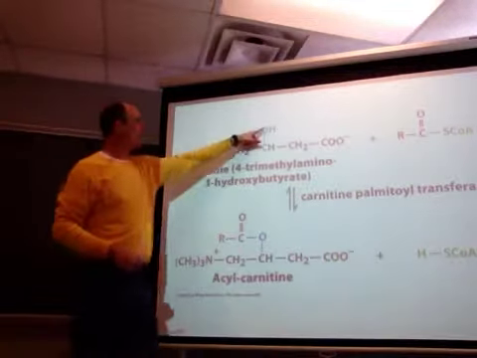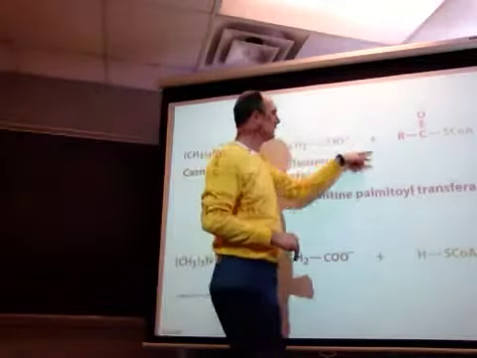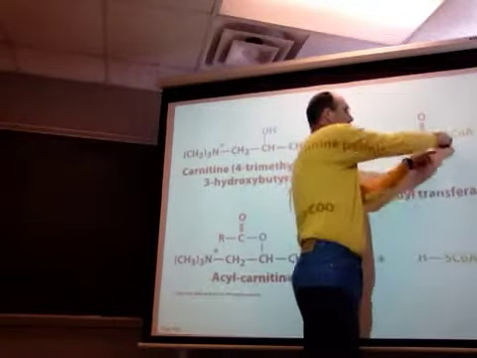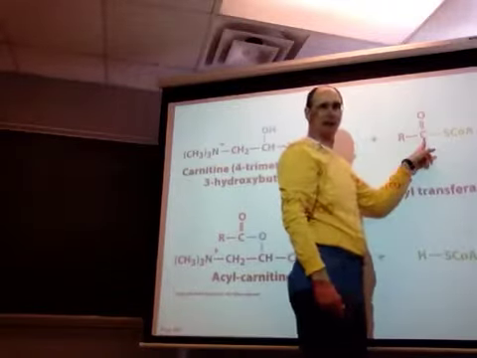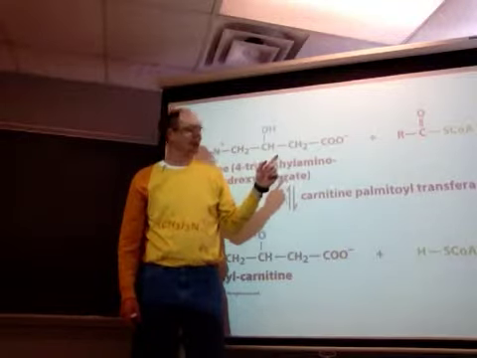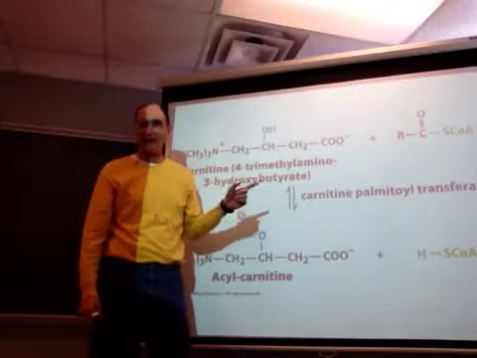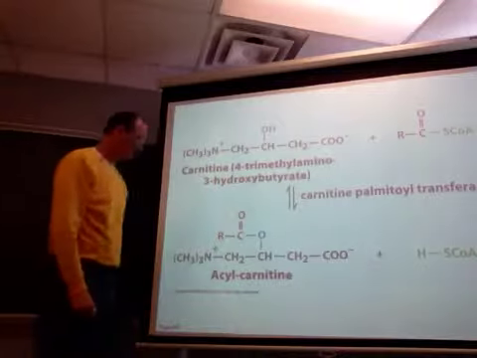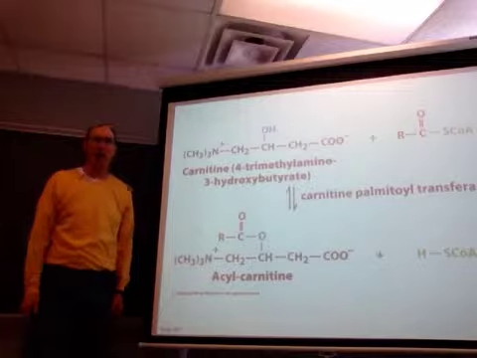The hydroxyl group of carnitine, catalyzed by the enzyme, attacks the carbonyl of our new thioester. Sulfur is less basic than oxygen, so sulfur acts as the leaving group in an energetically favorable nucleophilic acyl substitution. It had been a day or so since I said that, so we needed to do that one, right? So coenzyme A acts as the leaving group, and we get our fatty acid attached to carnitine.